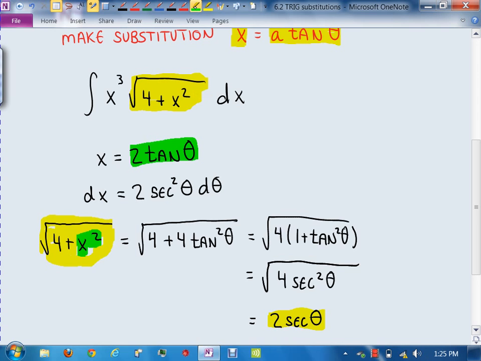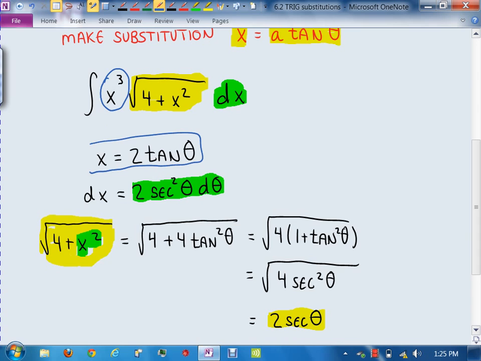What am I going to replace my dx with? This thing right there: 2 secant squared theta d theta. The only thing left for me to replace is what? The x cubed. But isn't this x, right? So can't I just cube both sides of that? And it would become what? x cubed is 8 tangent cubed theta, right?